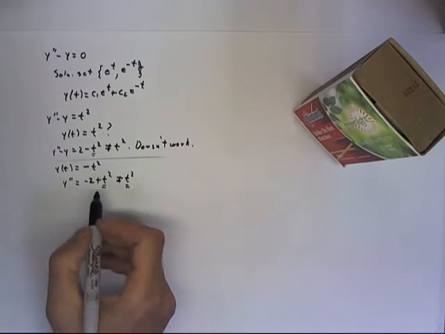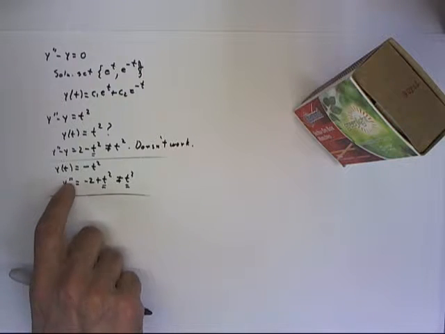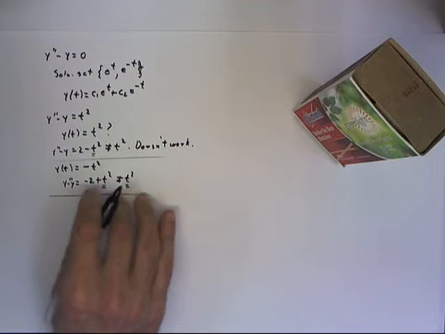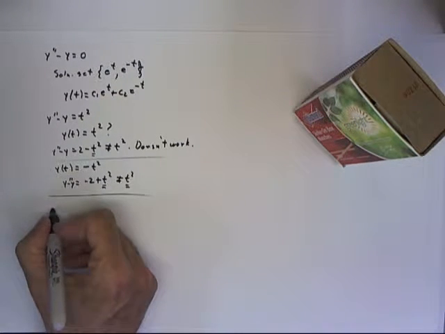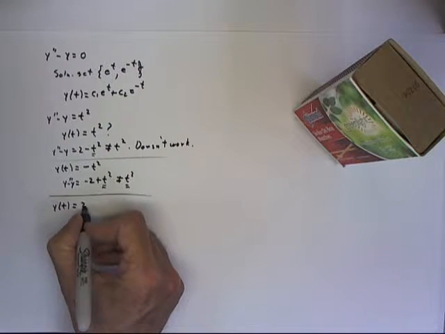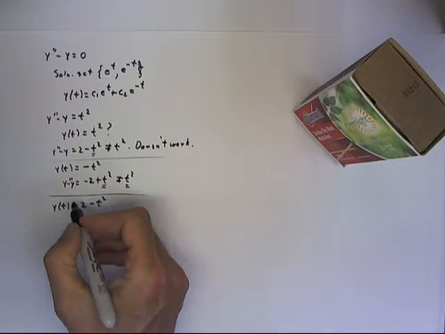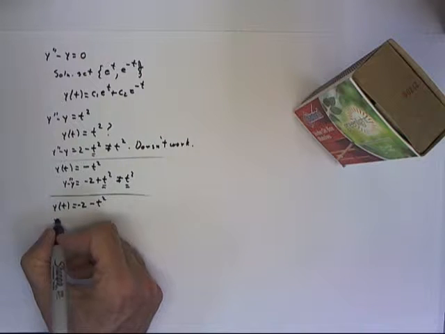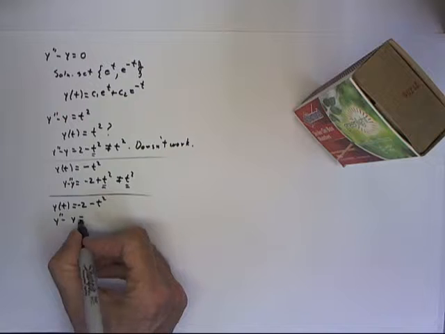What are we going to do about this negative 2? Well, the negative 2 comes from the second derivative, and that should be y double prime minus y equals this. If we try y of t equals negative 2 minus t squared, then y double prime minus y is going to equal what?